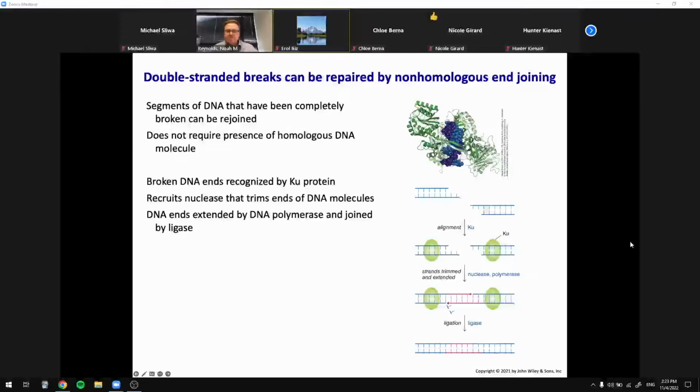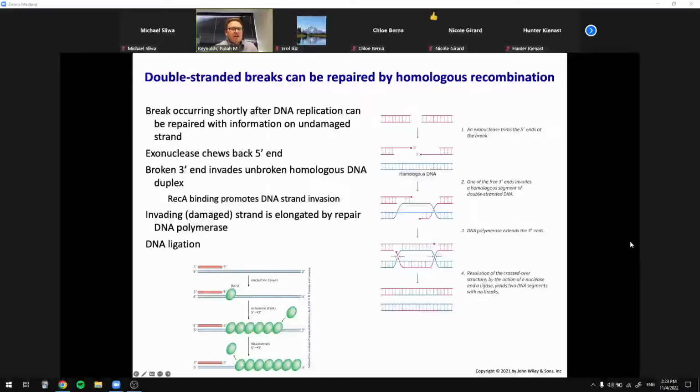Yeah, that makes sense. The other repair mechanism we talked about was homologous recombination. And so in homologous recombination, after your DNA is replicated, you're going to have, right, a homologous chromosome right next to it physically. And so if you get a break, then you can use the unbroken one to repair the broken one, right? And its sequence is intact.